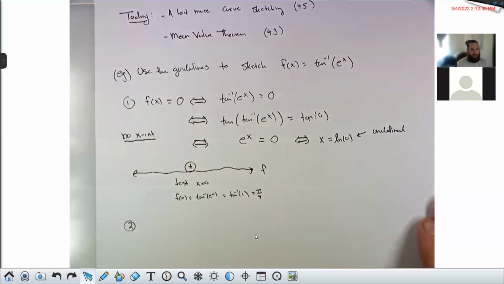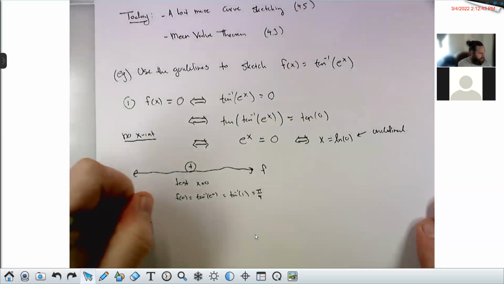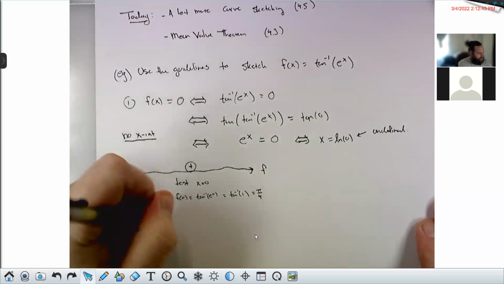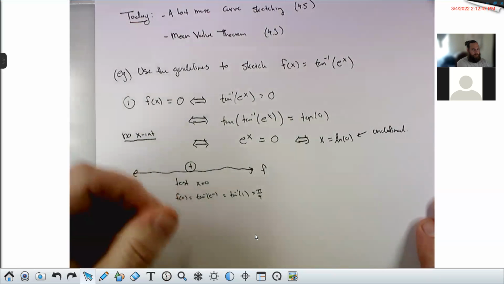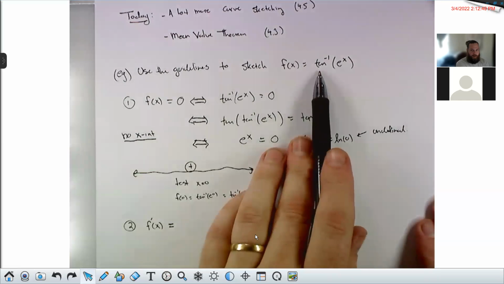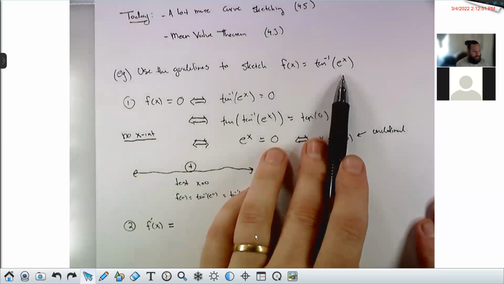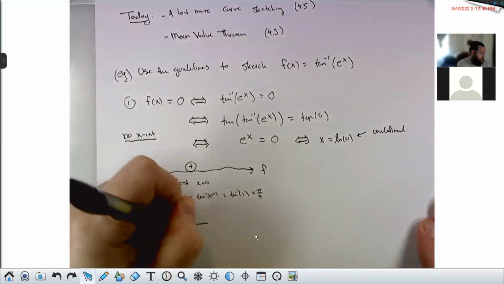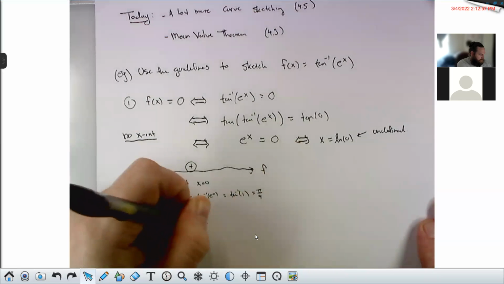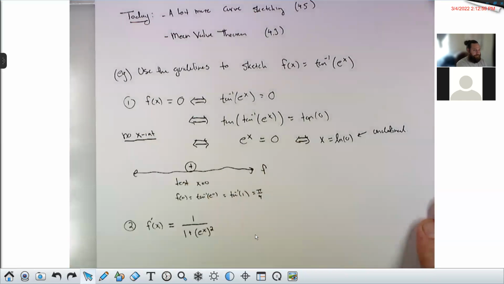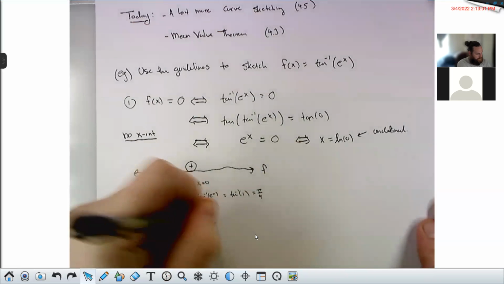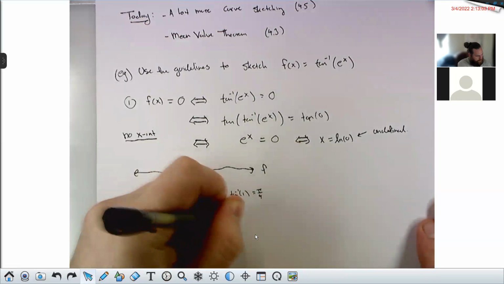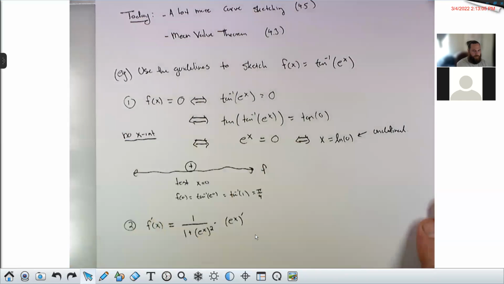Now we will do our first derivative work. So if we differentiate this guy, f prime of x, that means we're differentiating the inverse tangent of e to the x. So that would be 1 over 1 plus e to the x squared times the derivative of e to the x by the chain rule.